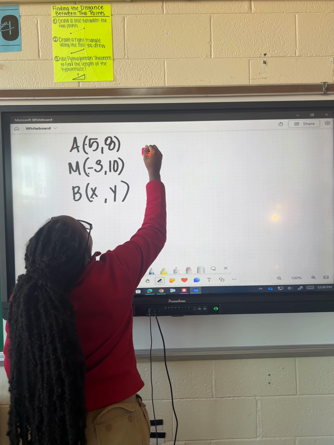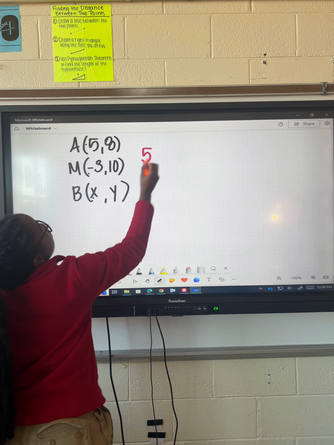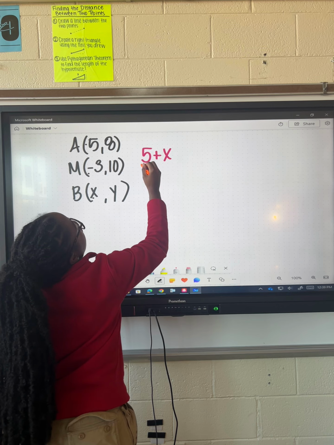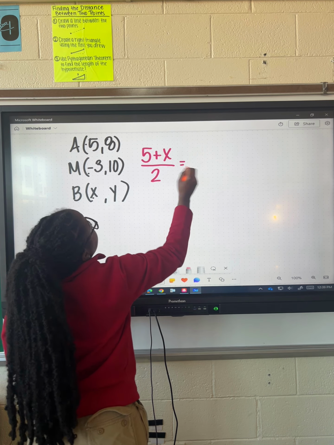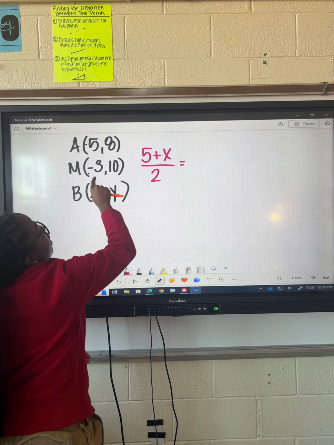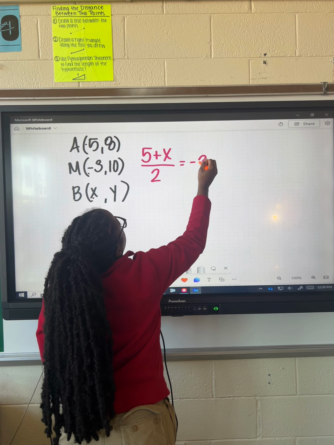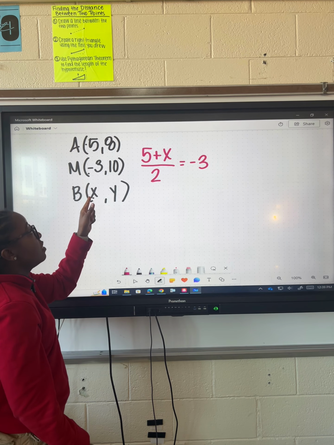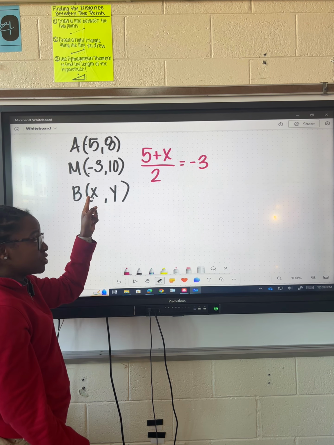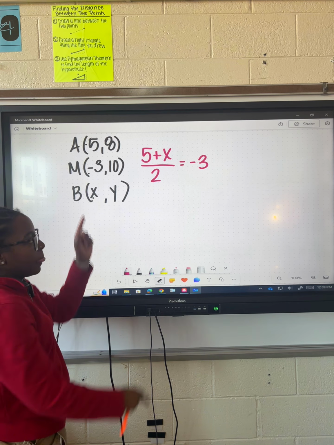So I'm going to say 5 plus X. In order to get the middle, I divide by 2. And that is going to give me my X value for the midpoint, -3. So that's how you build that equation, because I'm adding up both my X's and dividing by 2 to get the number in the middle.